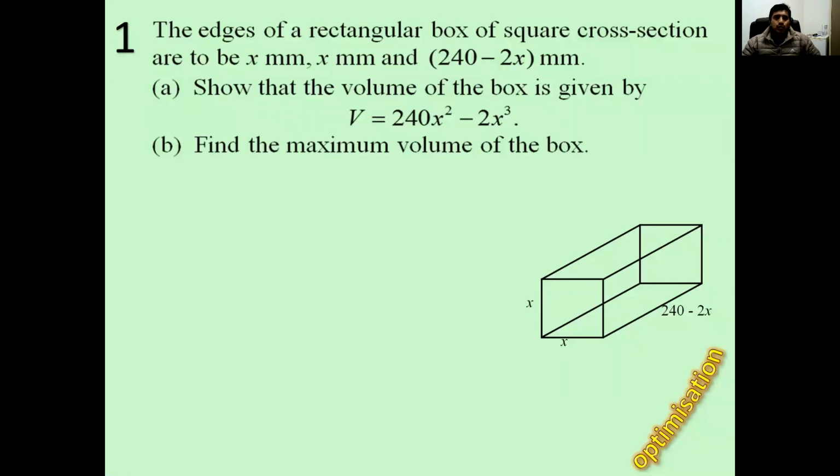The first question wants you to show that the volume of the box is given by V equals 240x squared minus 2x cubed. The first thing I want you to write down on your page is the formula for volume of a rectangular box.